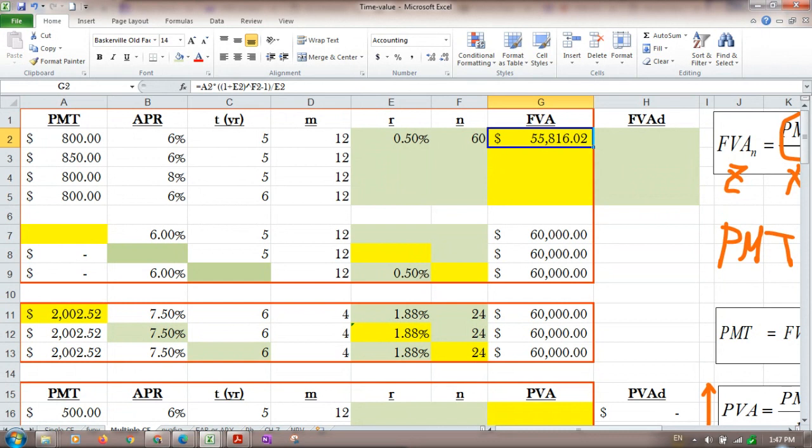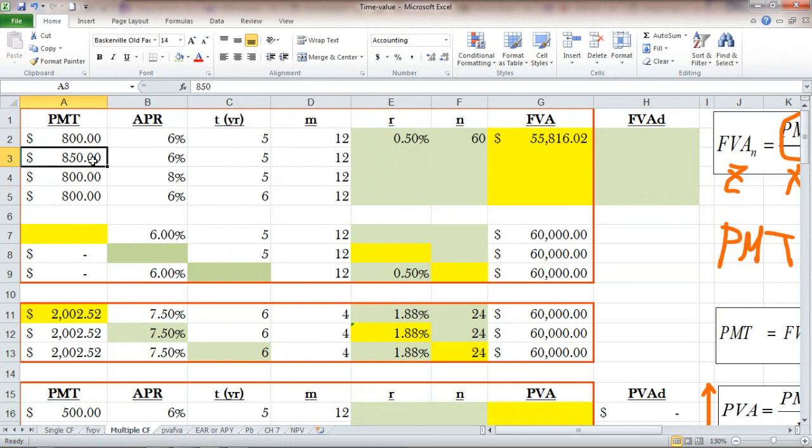Then how do we reach 60K? A couple of scenarios. First, we can increase our monthly deposit. Or we can find another bank that pays a higher interest rate than 6%, right? I wonder if it is 8% in your Excel file. If it is not 8%, please change that to 8%. Another option is extending our timeline by 1 year.